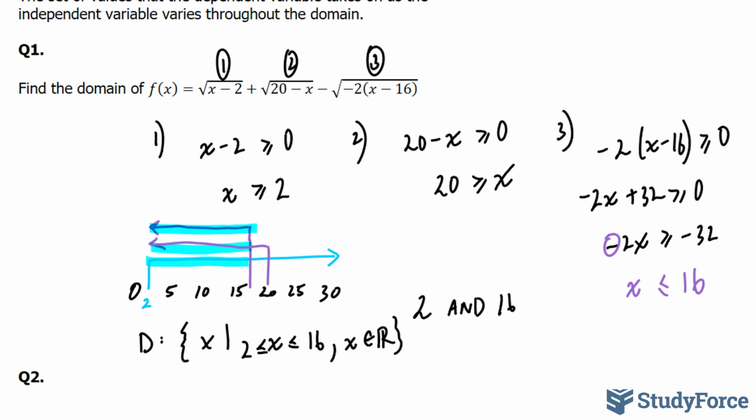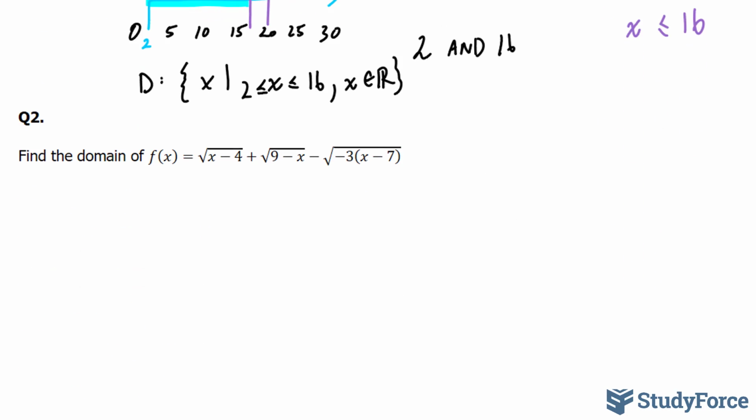So let's do a question that's similar to this in question 2. Once again, we're going to segment this function into 3 parts. We're going to start off with the restrictions for the first term. X minus 4 must be greater or equal to 0. Bringing this over gives us x must be greater or equal to 4. That's for part 1.